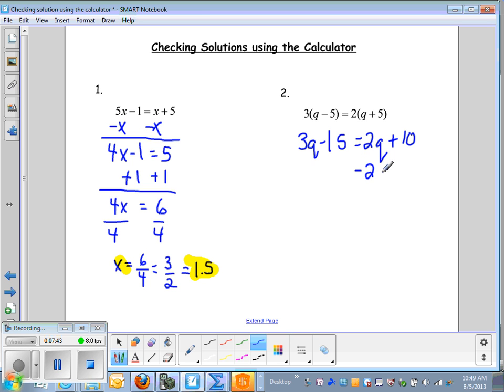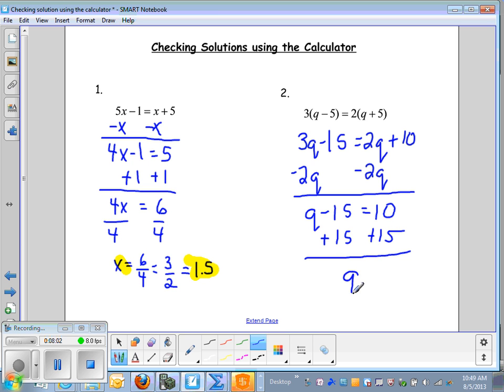So I'm going to minus 2q on both sides. And that's going to give me q minus 15 equals 10. I'm going to add 15 to both sides. And q equals 25.